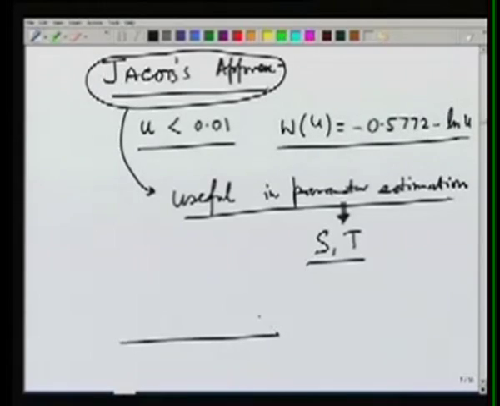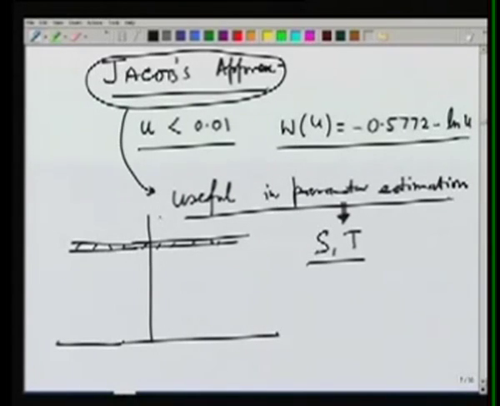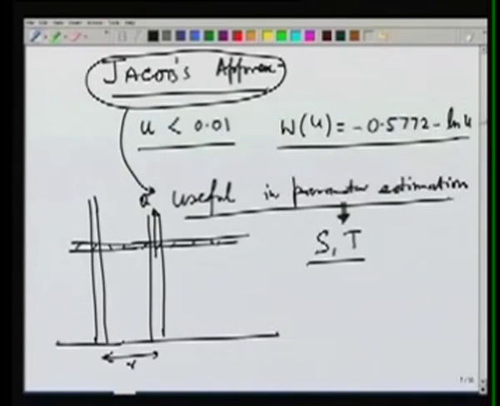In transient conditions, what we can do is we can select an observation well. So the pumping well is here. We can select an observation well at a distance of r and note down how the water level in this observation well is decreasing.